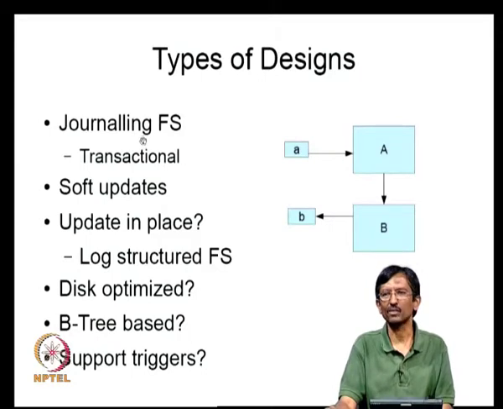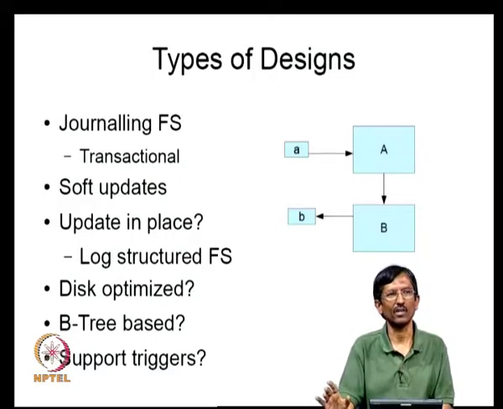In journaling file systems, you do logging, and you first make sure that all the changes are in an intent log, and from there they go to what are called home locations. Whatever changes you make first go to the log, and once the transaction is completed, you trickle back from the logged values to the home locations.